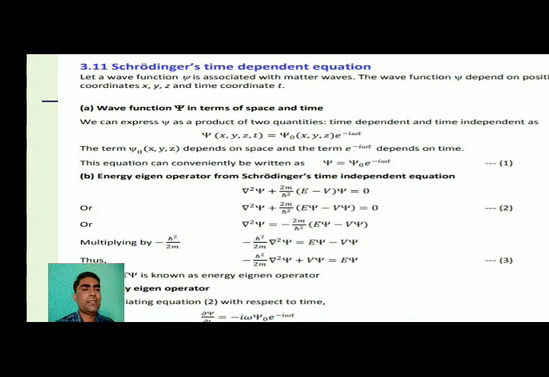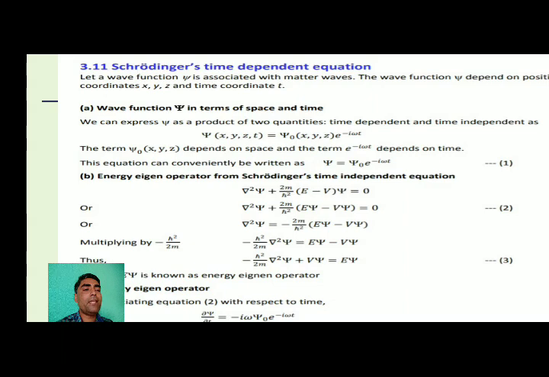If we take this term to the other side, then del square of psi becomes minus twice m divided by h cross square into E psi minus V psi. Now if we take the term of minus twice m by h cross square to the LHS, then this becomes minus h cross square by twice m into del square psi equal to E psi minus V psi.